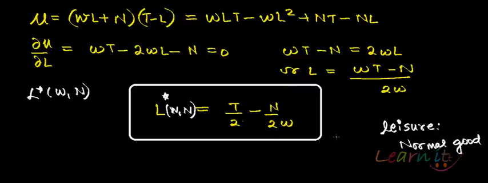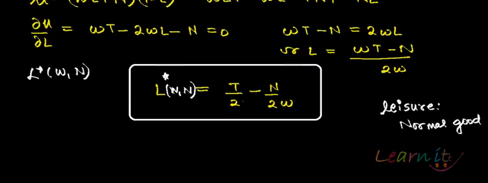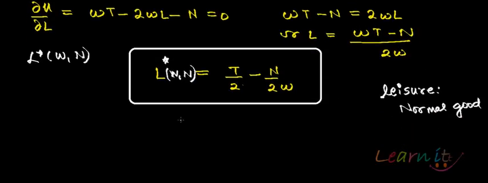If the non-labor income increases, then the sign of the derivative del L by del N would be negative, because an increase in N will increase the demand for leisure.